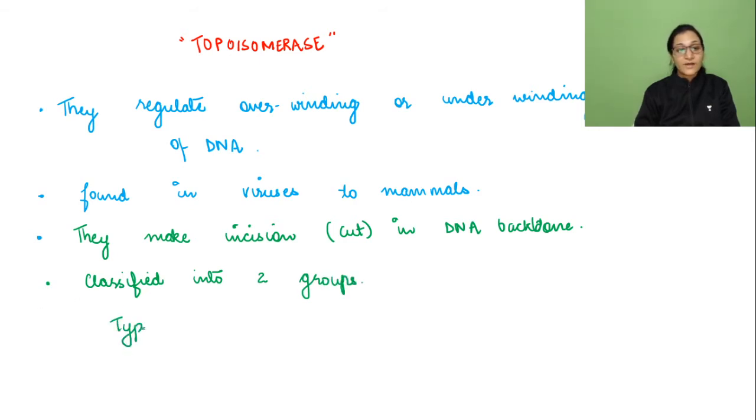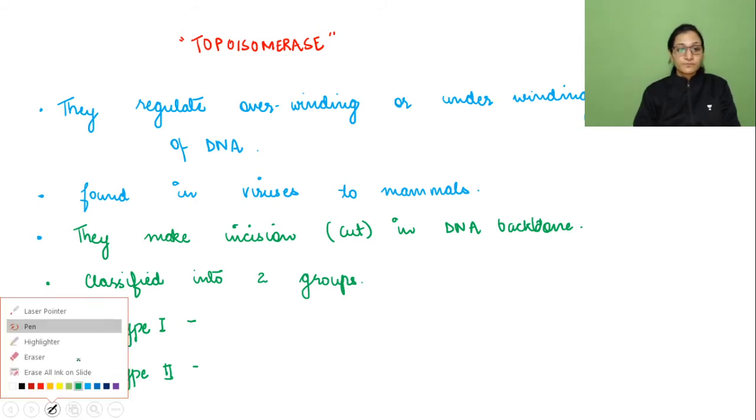They are classified into type 1 and type 2. Type 1 makes a nick in one strand, passes the intact strand through the nick and reseals the gap. Type 2 makes a double-stranded break and creates a gate through which the second segment of the helix is passed, so that the torsion is relieved.